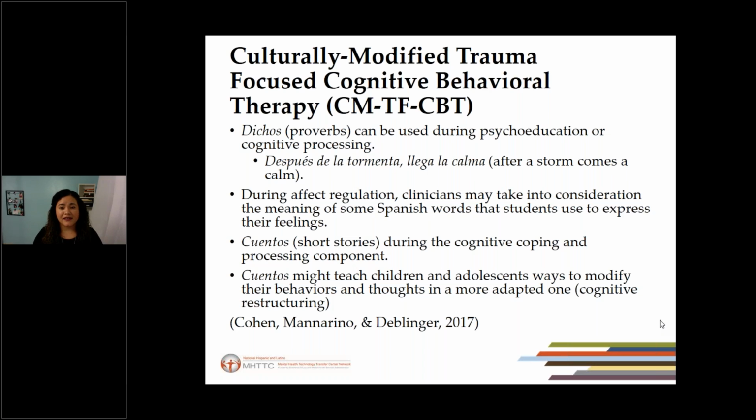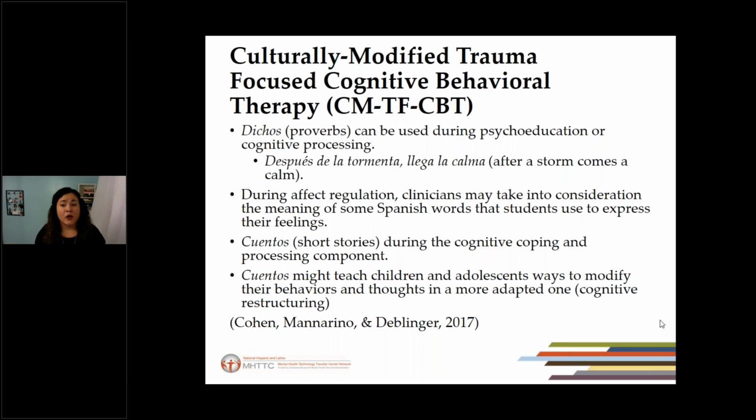I think it is really important for the client to process those experiences in the language where they experienced those adverse experiences. Let's say the child was growing up in Guatemala or Mexico and their memories are in Spanish, maybe inside the therapy session they can talk in Spanish about what they went through.